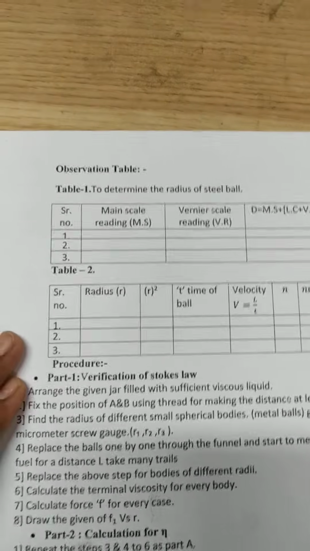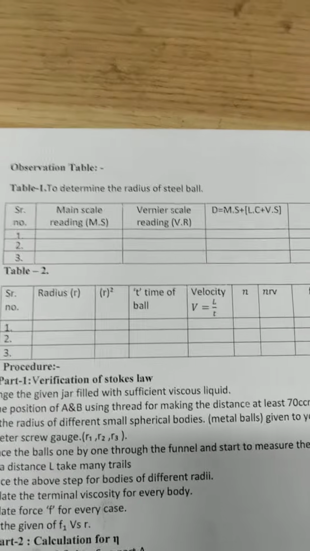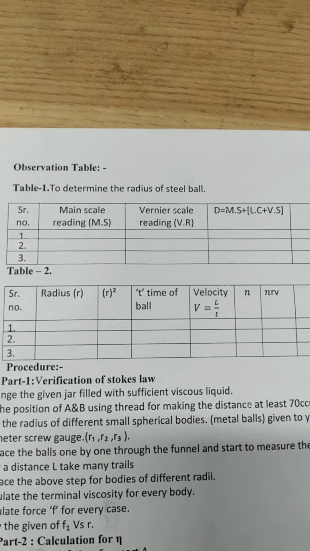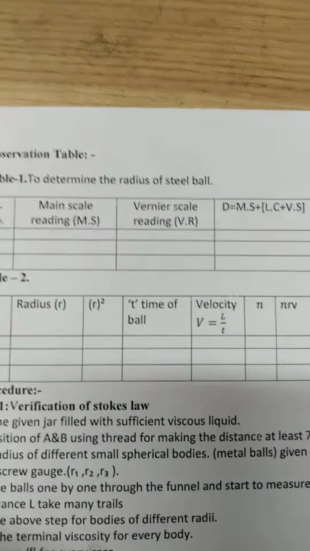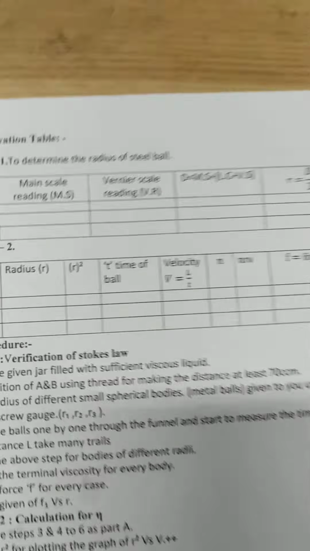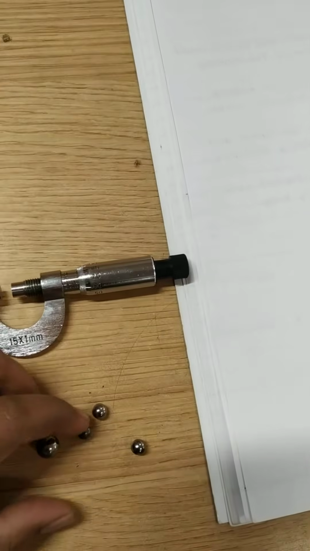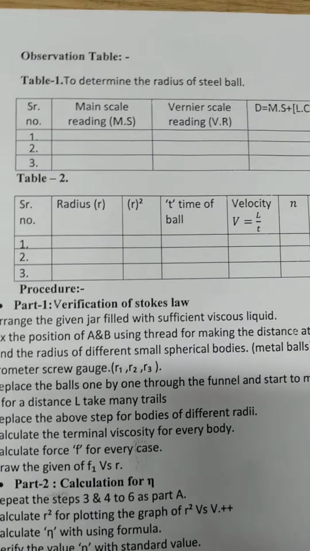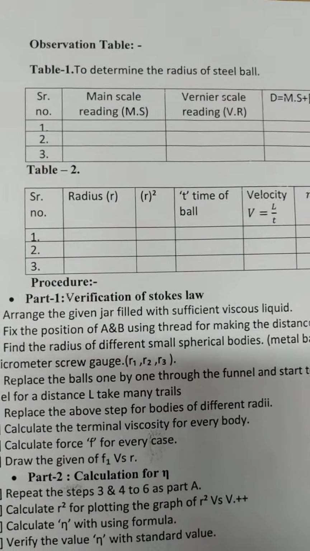Now see the observation table. First we want to find the radius of the metasphere. The first observation table is for the radius of the steel ball. By using the micrometer screw gauge, first calculate the radius of these various metaspheres. Now see the second observation table.